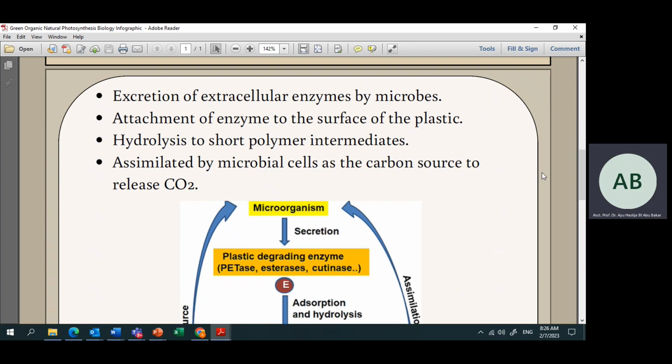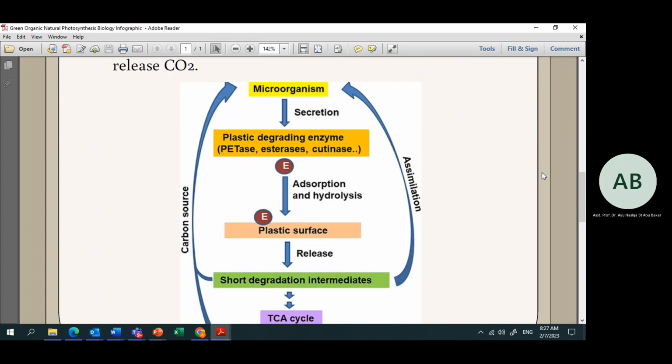Okay, for the mechanism, how does it go? It is used by microbial cells.